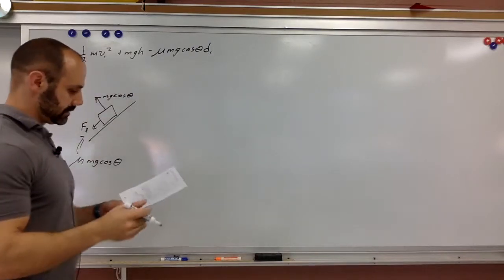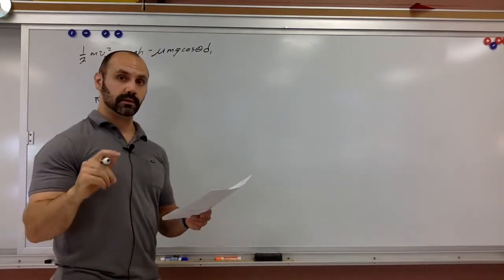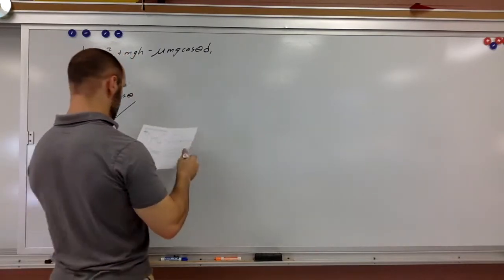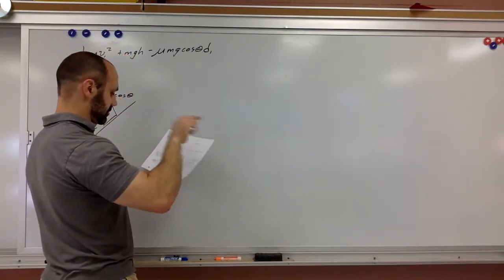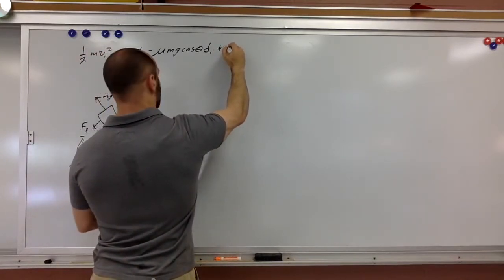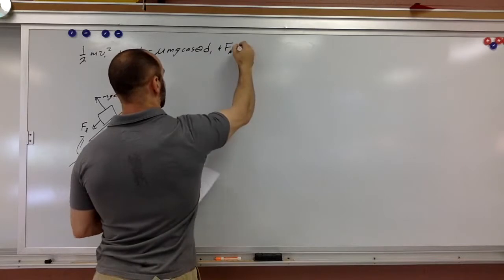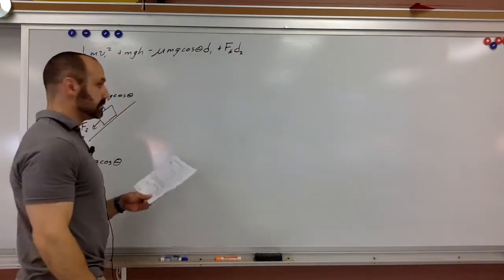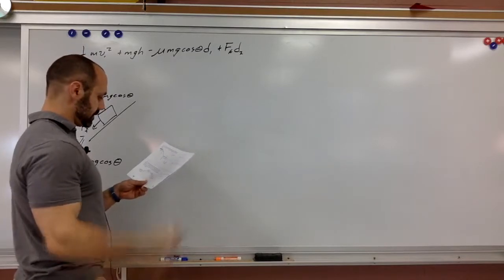Okay. Then I have a 12 Newton force being exerted on it in a wind tunnel. So that's a positive force. It shows you the direction that it's going. So plus, let me just call that FA, an applied force, times d2. And then, what else do I have? Then some more friction.